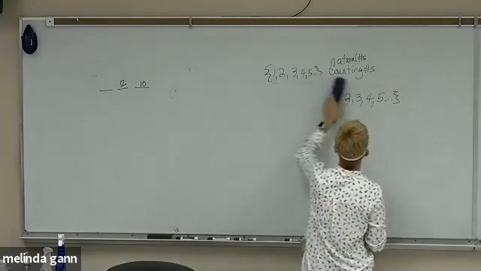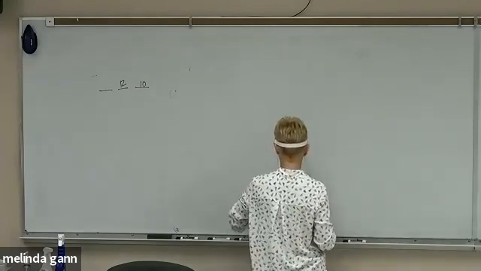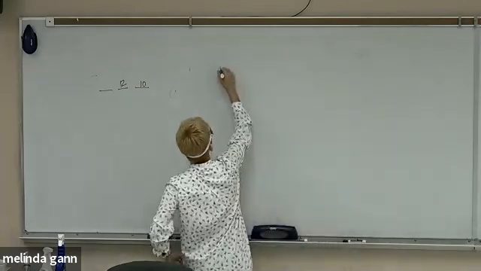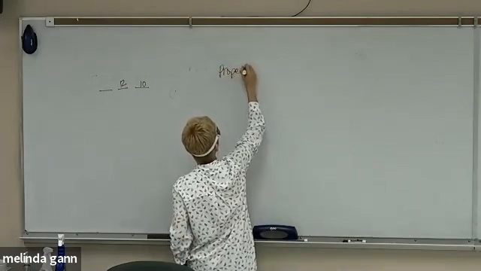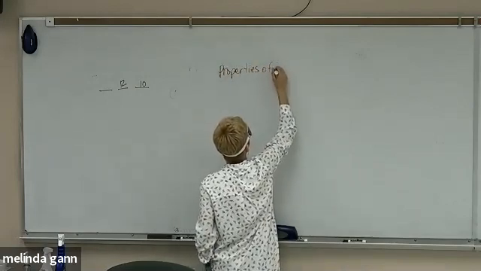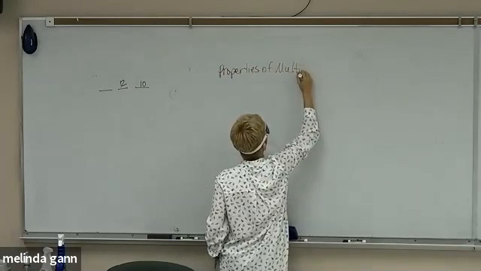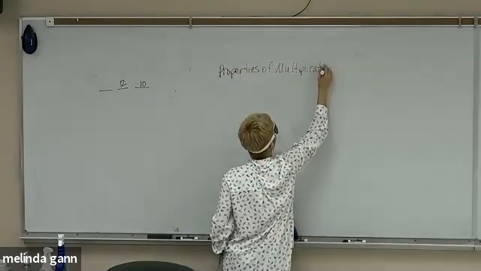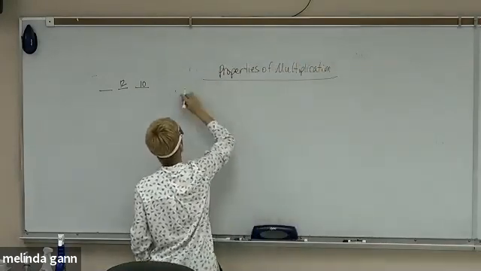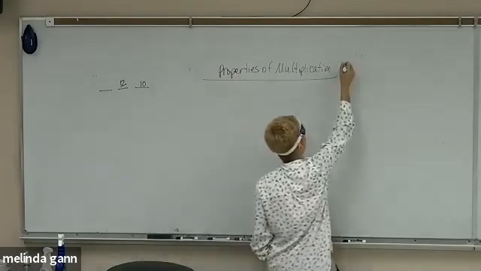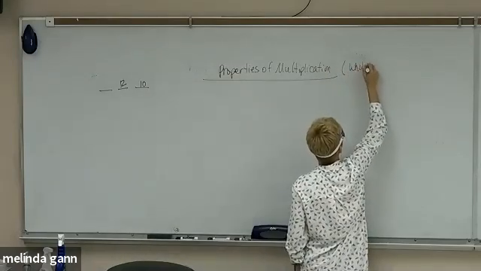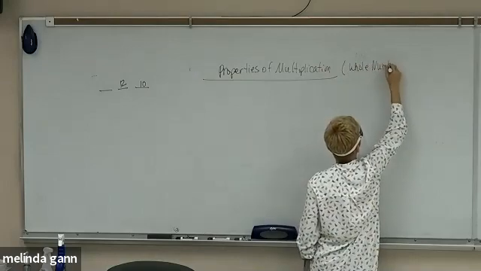All right, so let's write those down. These are our properties of multiplication. Now, your book keeps talking about the whole numbers because that's the only set they're talking about right now.